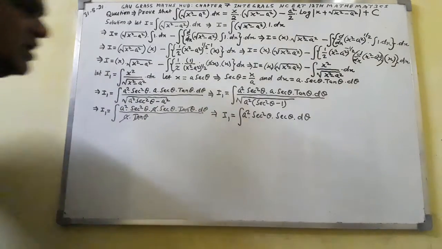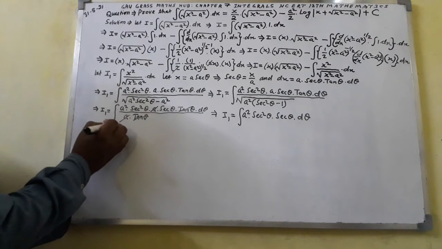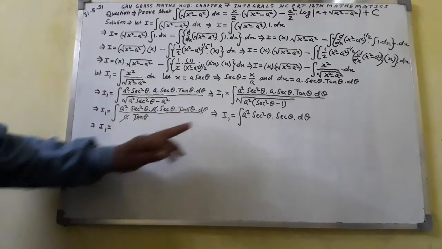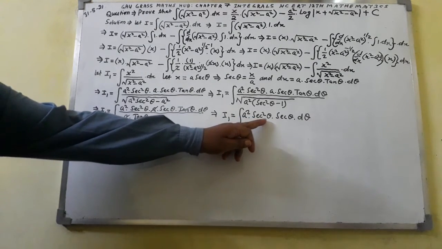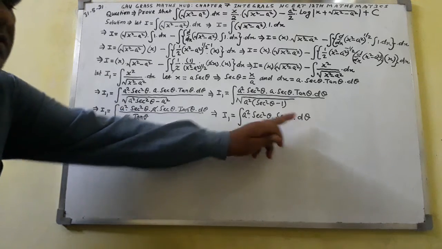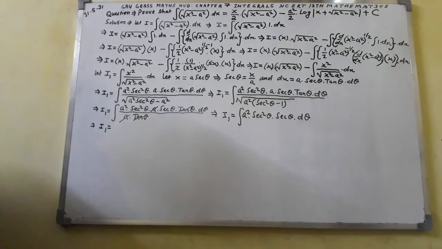So again I shall write, it implies that I1 equal to, here a square is multiplied to sec square theta dot sec theta dot d theta. A square will be popped out.